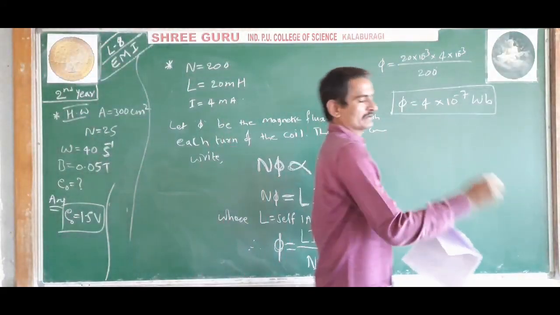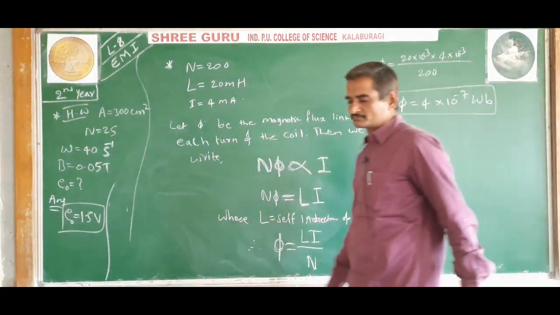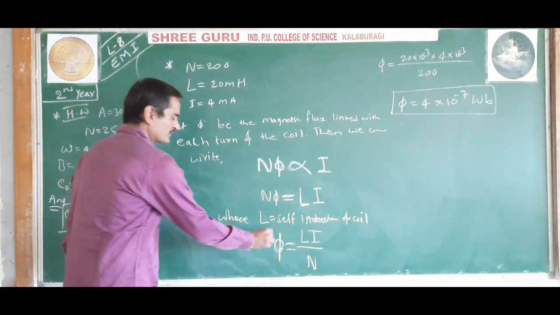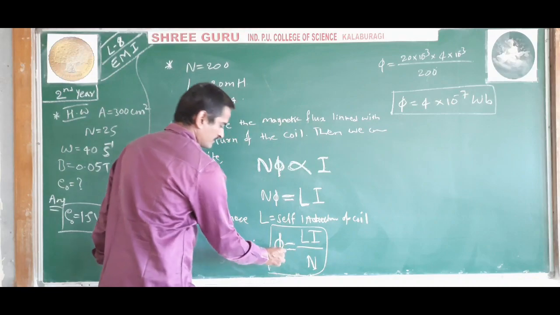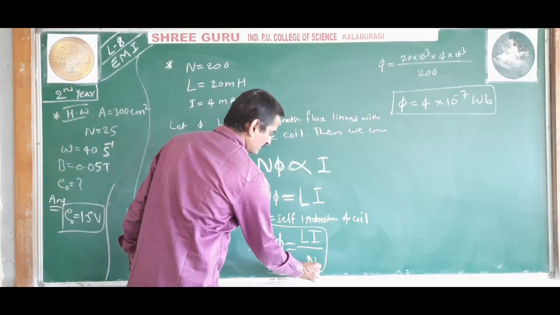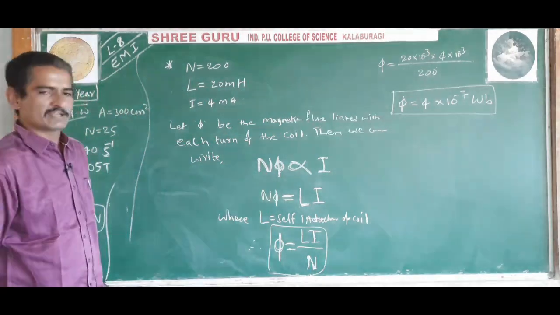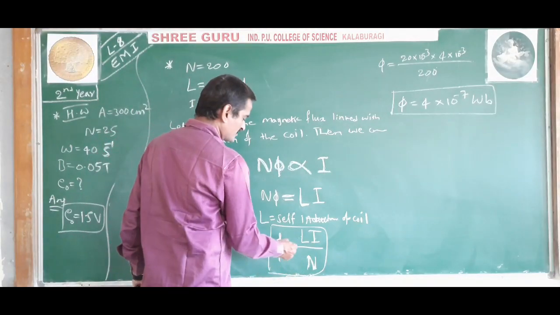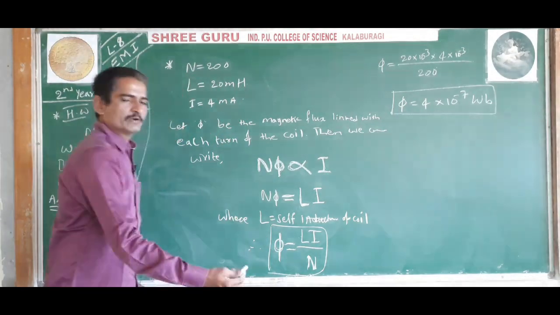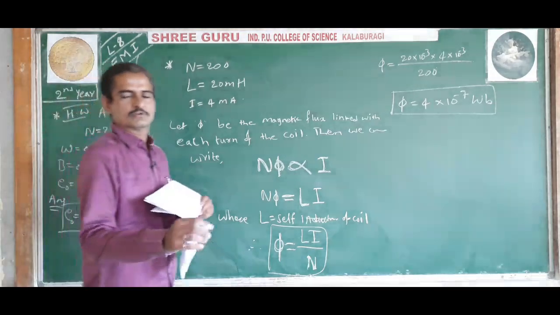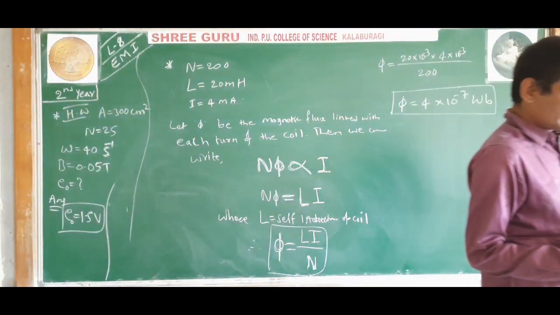So remember this formula. If they give the value of phi, L and I and ask you to calculate N, then you can write N is equal to L I divided by phi and do the calculation, you will get N. Understood? Okay, next question.